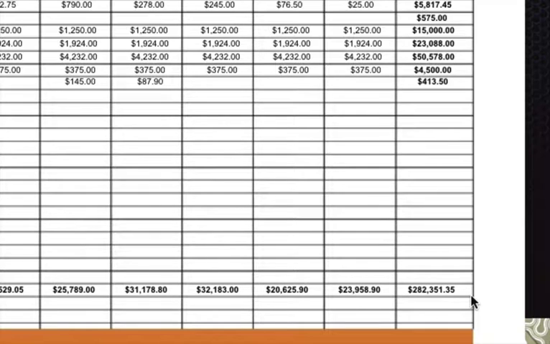We have just under $300,000 per year in our total outflows, and we should not exceed 50% of our gross revenues. That means we should have been bringing in a little over $500,000 to make this business proposition work.